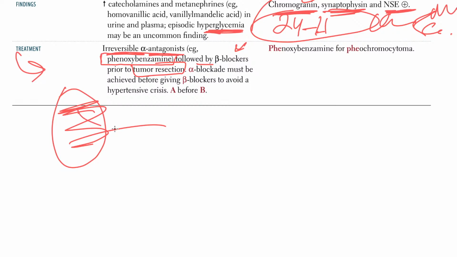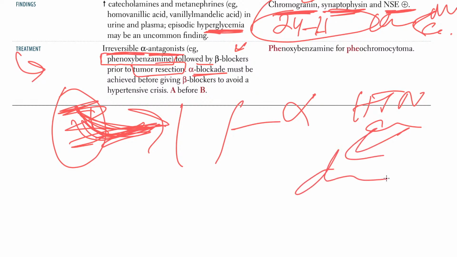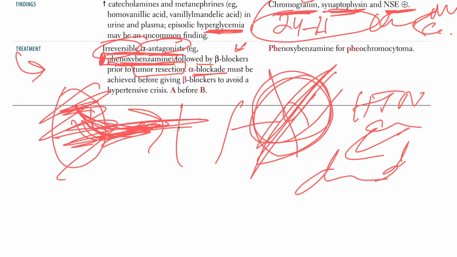When you're removing it, there's a highly likely chance that the preformed catecholamines will go into the blood, work on your alpha receptor and cause hypertensive crisis, which can even lead to death, right? So you want to block those alpha receptors. To block the alpha receptor, you give an alpha antagonist, and the irreversible alpha antagonist is phenoxybenzamine. So first you block this out, then you resect it, so that whatever catecholamine goes out is not working on the alpha receptor.